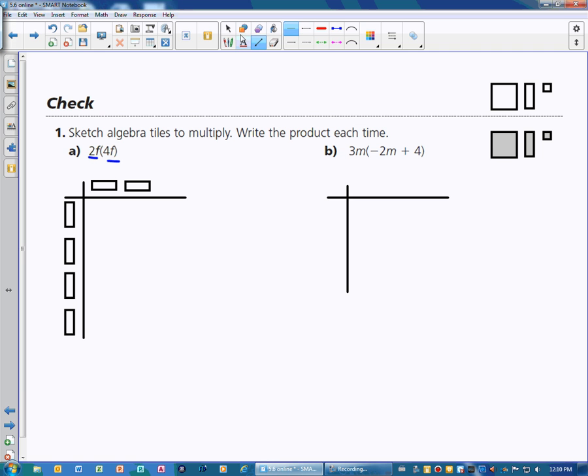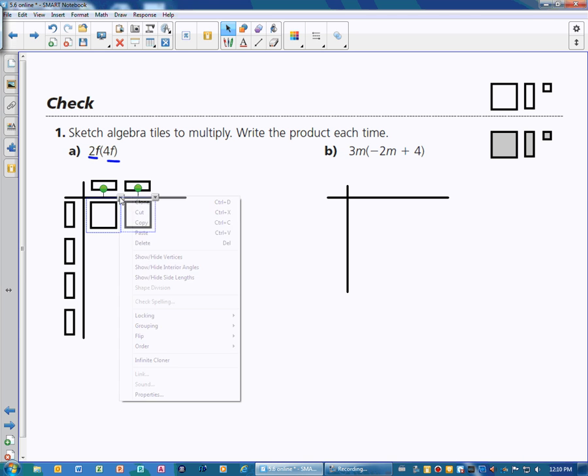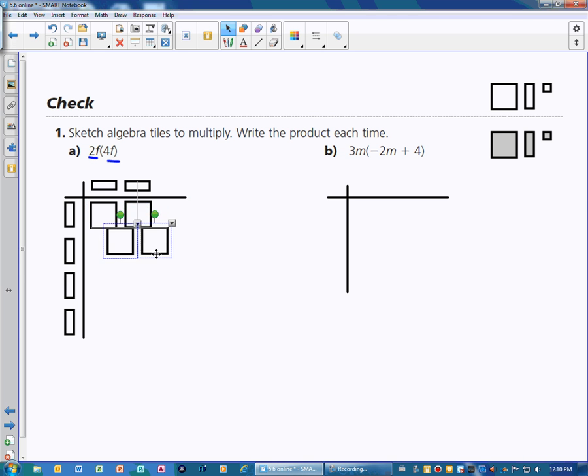Okay. So 2f times 4f, they're both positive, both white, match up the lengths. As you can see, the only thing that will suit both of those lengths is that square. And so this times those two will result in that. This is the exact same thing, so I can clone them.